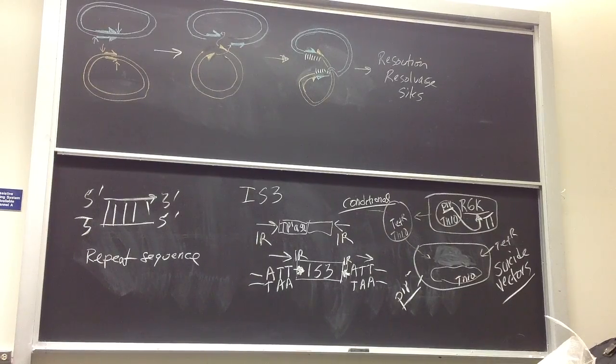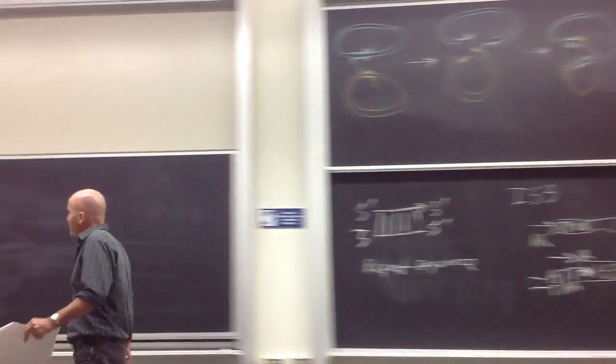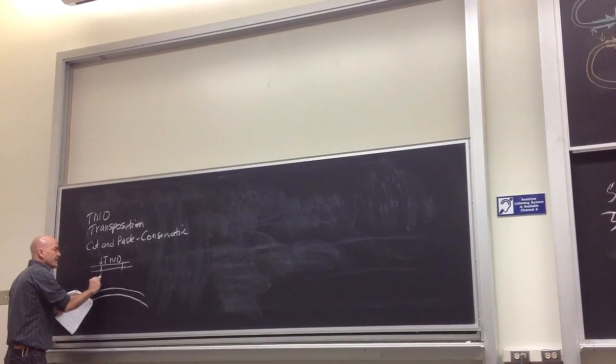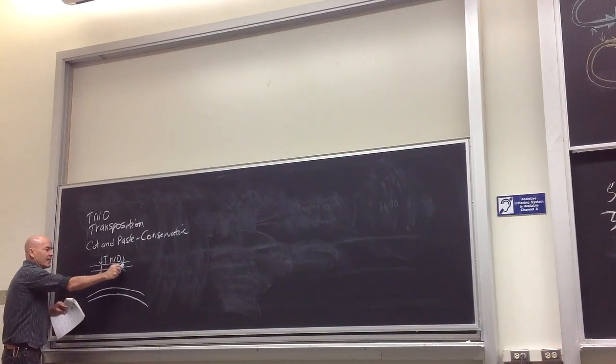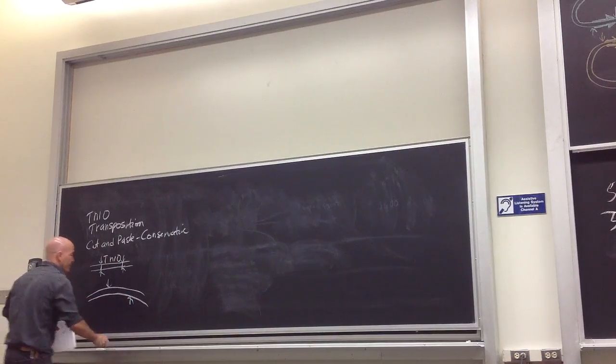So if I have Tn10 right here, and I have a target here, what's going to happen is Tn10 carries a transposase. And the transposase recognizes the inverted repeats that I talked about. And what it's going to do is cut, and in the case of Tn10, it's going to cut this with a blunt end, and it's going to cut this in a staggered format.